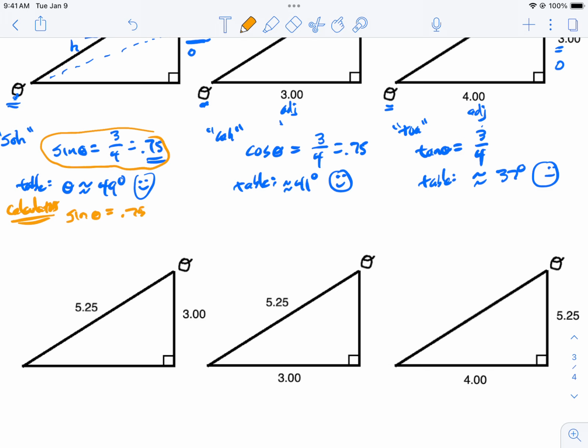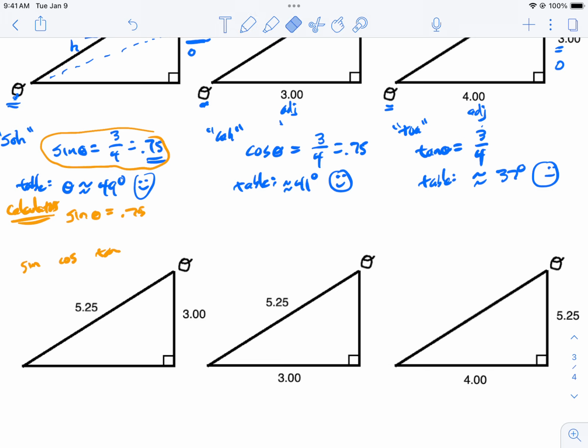If you look at your calculator, somewhere in the middle-ish, you'll see some buttons. One has SIN on it, one has COS on it, one has TAN on it. Okay, that's getting close. But no, I'm not going to press the sine of 0.75. That would be like saying, what's the sine of a 0.75 degree angle? Which we don't have. We're going the other way. Remember when we were looking up in the table, we were looking the other way, kind of looking back up.